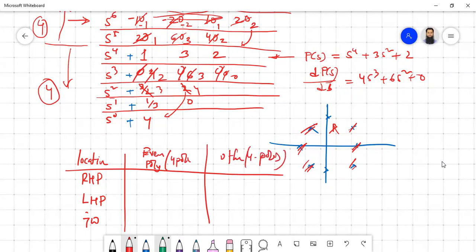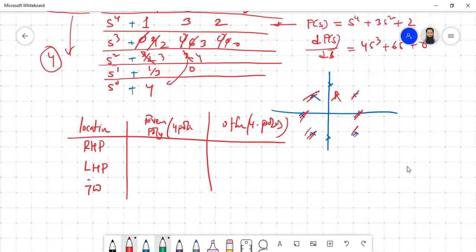Okay. So now. Okay, so in the even polynomial, we already calculated that there is no sign change. So there is 2 possibilities. So only possibility is we have combination of 2 roots, something like this. Okay, so 4 poles all in the j omega axis. So there is no pole here.